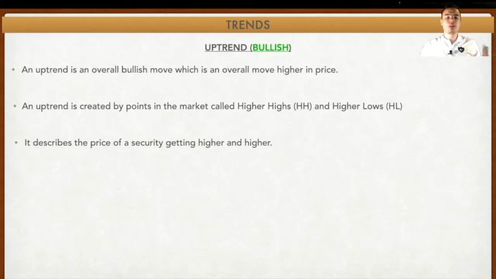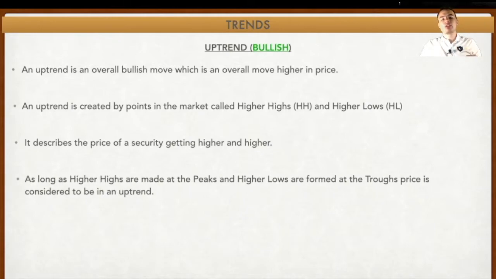It describes the price of a security getting higher and higher. The highs are getting higher, the lows are also getting higher. As long as higher highs are made at the peaks, and higher lows are formed at the troughs, price is considered to be in an uptrend.